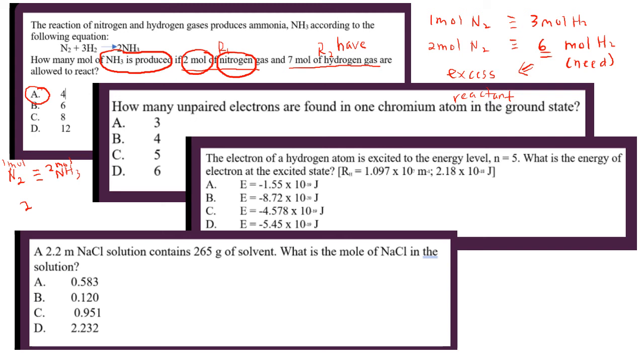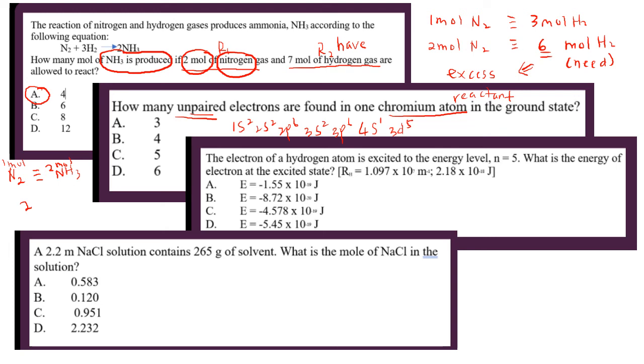Next question, again related to the electronic configuration. How many unpaired electrons are found in the chromium atom? So chromium is an anomalous case that we already know. So it will have 1s2, 2s2, 2p6, 3s2, 3p6, 4s1, 3d5.